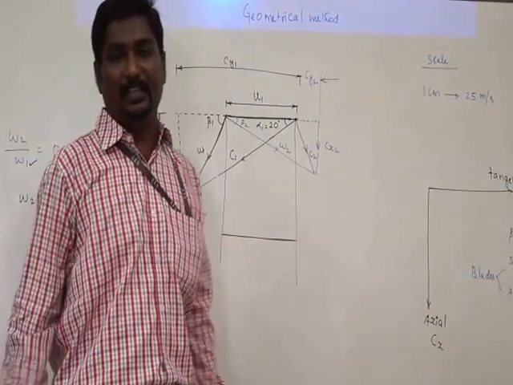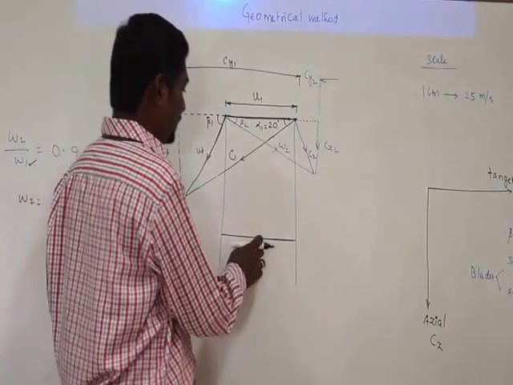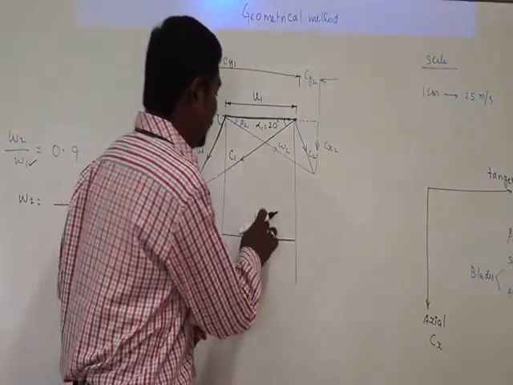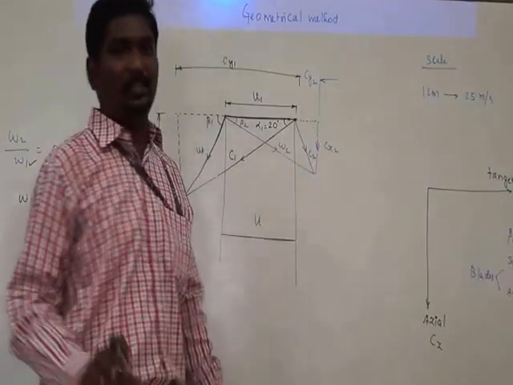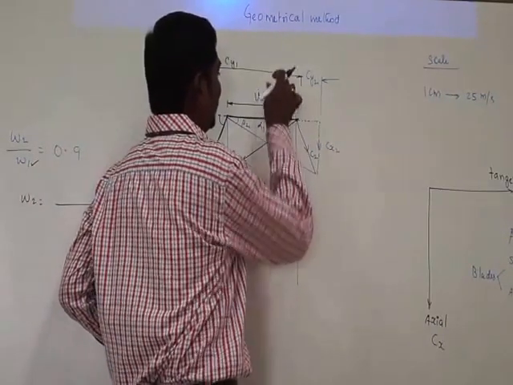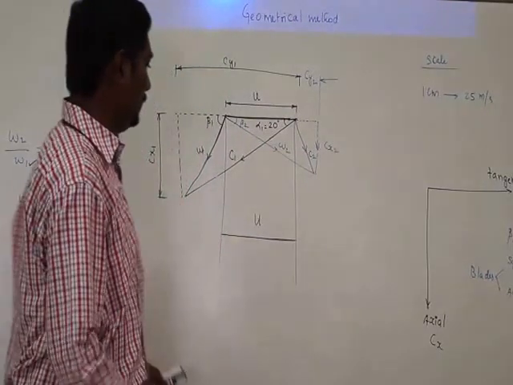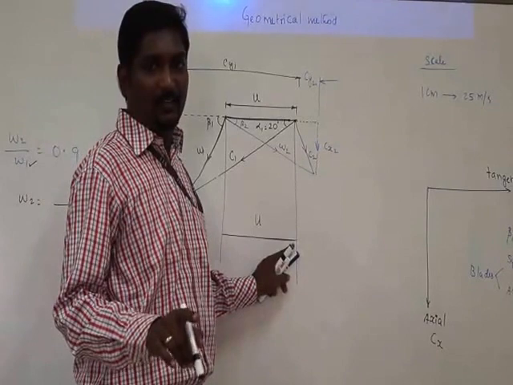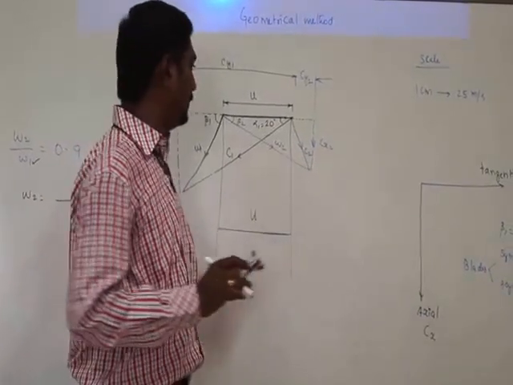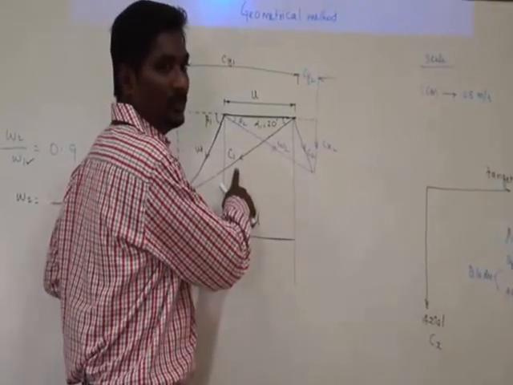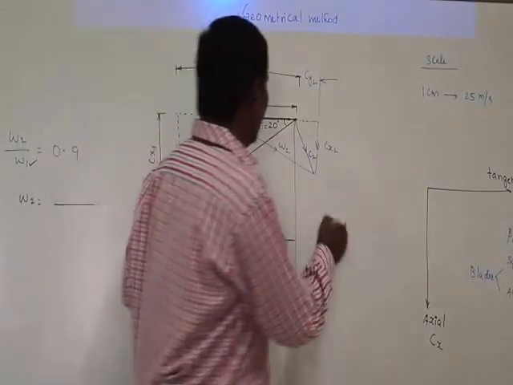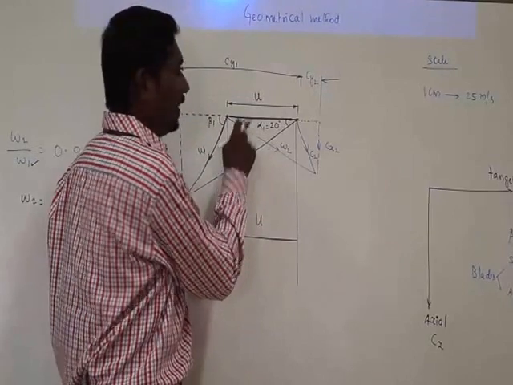I am going to draw the velocity angle. Right? So this is representing U, let us say. Now this is the blade velocity for the second row of the moving blade. But this is same. Everywhere it is U. Right? So now to draw the inlet velocity triangle for the second row of the moving blade, what you should know? C1 dash. Right? For the second row, everything we are going to represent by a prime or dash.